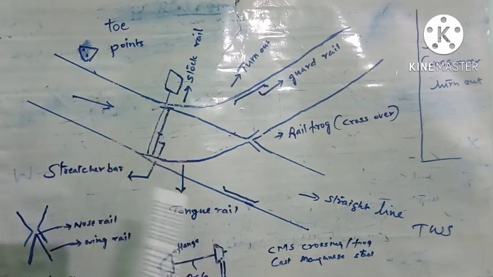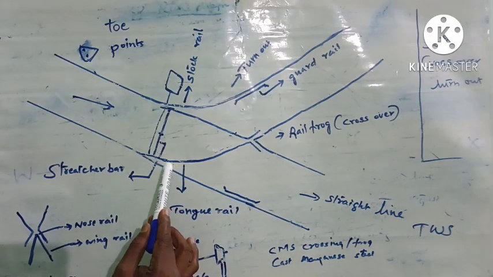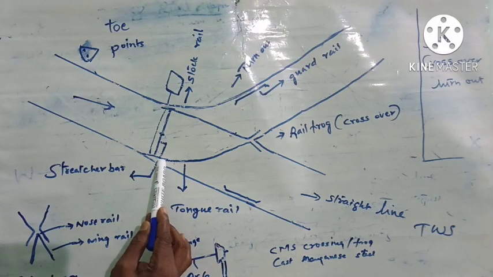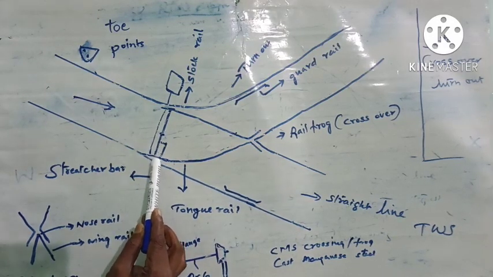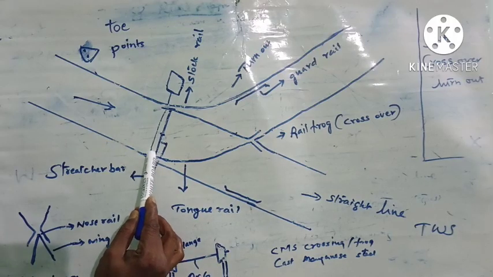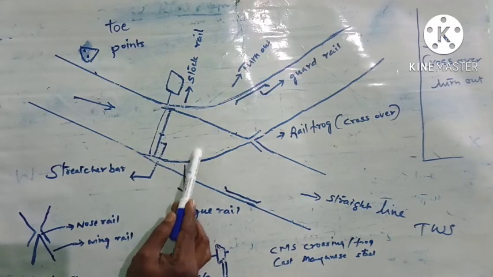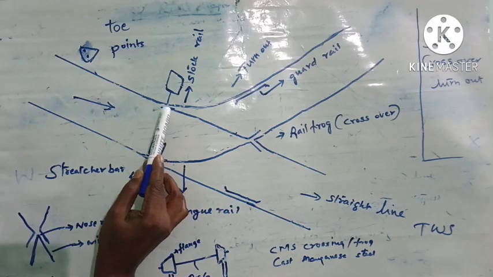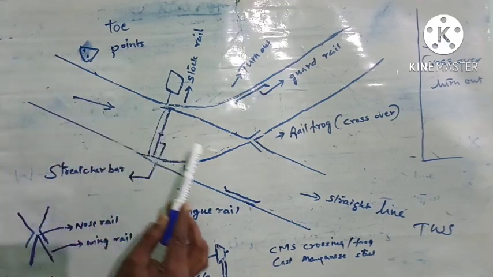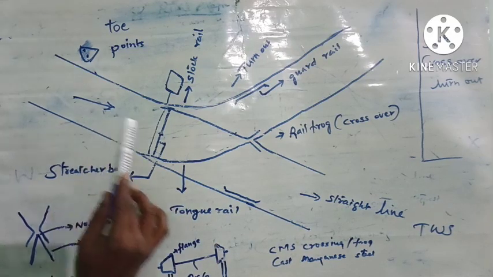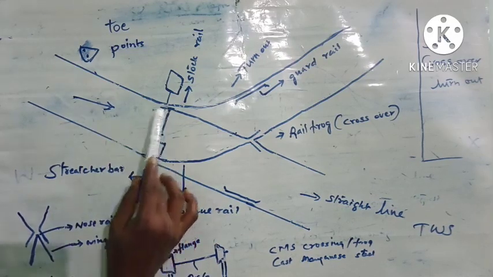The train will not derail, but the wheel flange here will push through between this stock rail and tongue rail, and this tongue rail will be damaged. At the same time, here also this tongue rail will be damaged, but the train will go this side. No problem for the train, except that these points will be damaged.